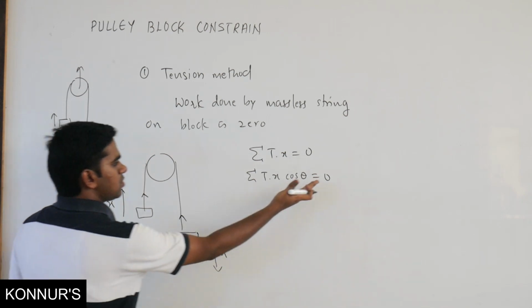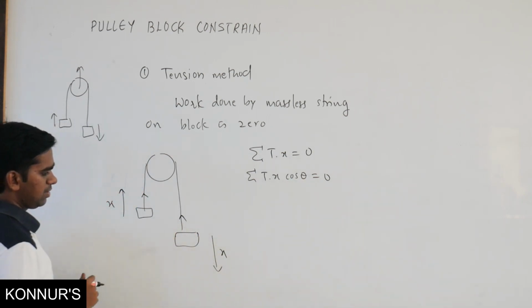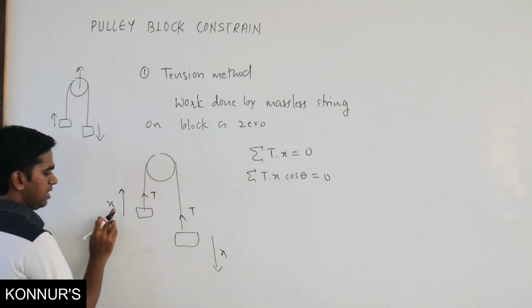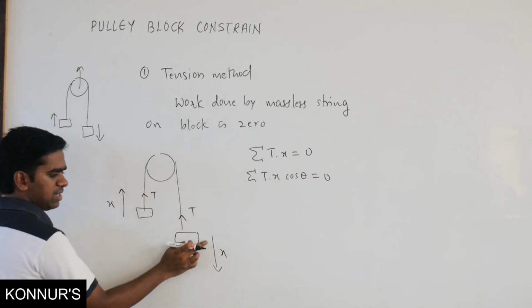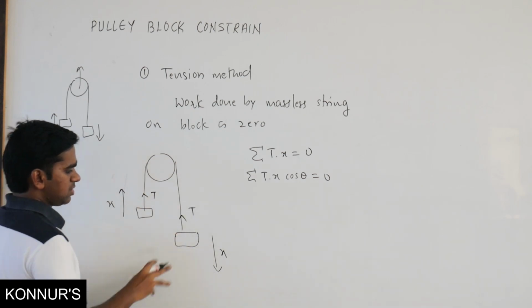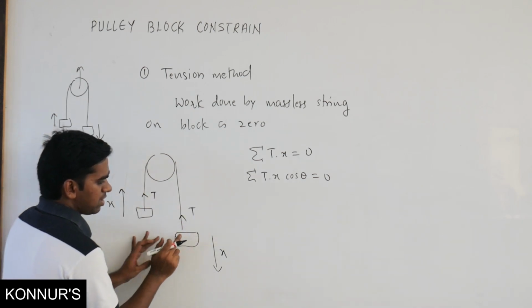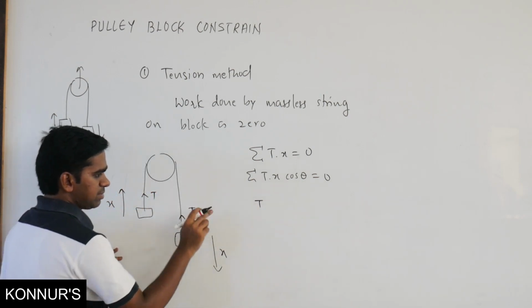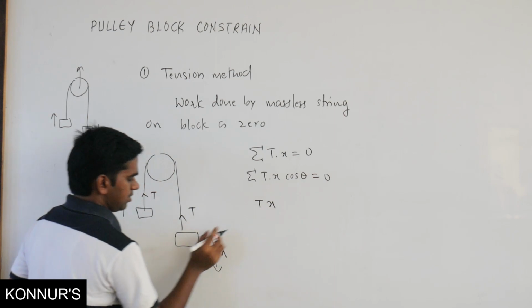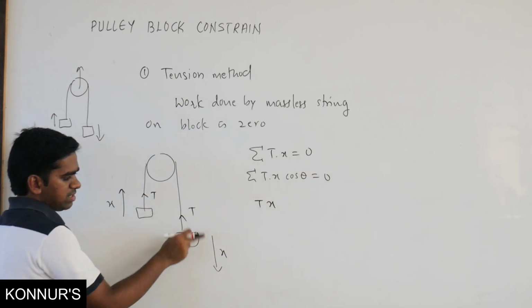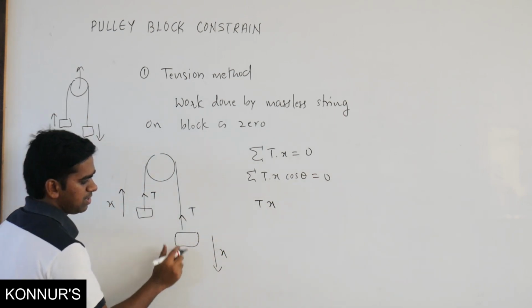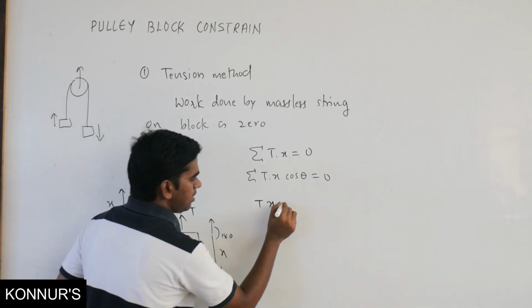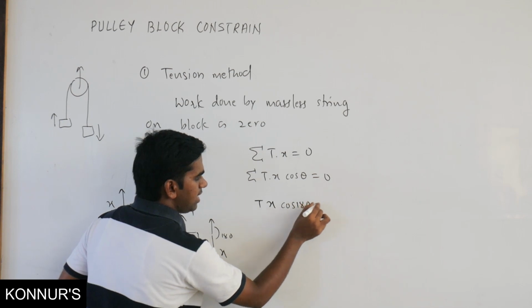Whether it is right or wrong, we can see from here. Tension direction is upward. Here also tension is upward. Here displacement is also upward, but here displacement is downward. Suppose you apply work done here: force is T, displacement is x. What is the angle between force and displacement? The angle is 180. So we write Tx cos 180.